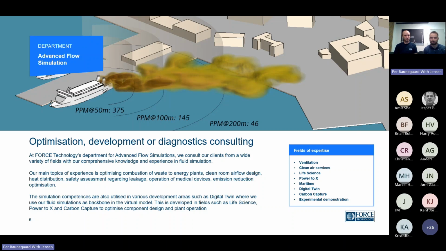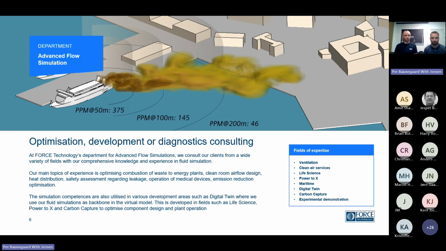But primarily we work in the areas of ventilation, clean air services, life science, power to X, maritime, carbon capture, and so on. Where we do consultancy work for our clients in terms of designing new components or optimizing existing production, or what's it called, error detection. If there is something not working the way it's supposed to do, we can go in and investigate why that is, and then come with recommendations for how to fix that.